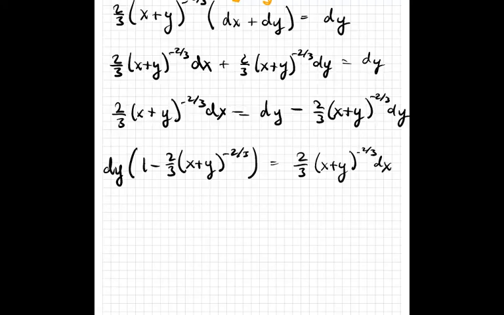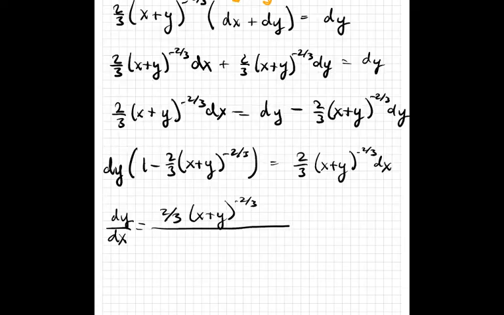So we're going to get dy by dx equals, now on the right, we're going to do some simplifying. Let's just go ahead and write it first: 2/3 (x plus y) to the negative 2/3 over 1 minus 2/3 (x plus y) to the negative 2/3.